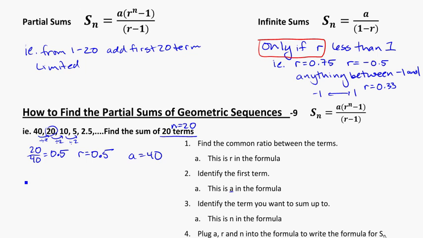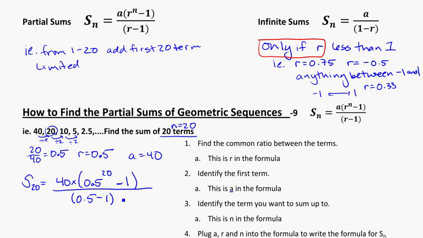So plugging into my formula, the sum of the first 20 terms, which is why I'm putting the little 20 there, is going to be a, which is 40, times bracket r, which is 0.5, to the power of n, which is 20, minus 1. Now you'll notice it's not n minus 1 all up as a power. It's actually just the power of 20 and then minus 1, unlike the earlier formula. And all of that's going to be divided by bracket r, which is 0.5, minus 1.